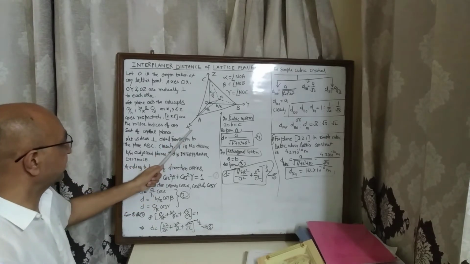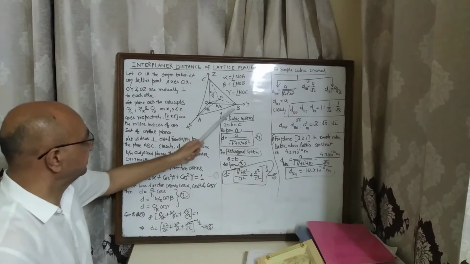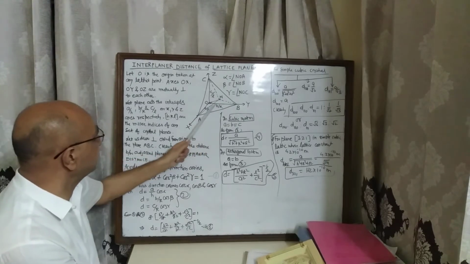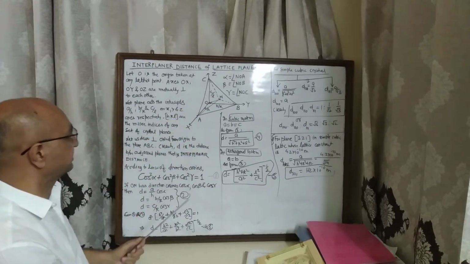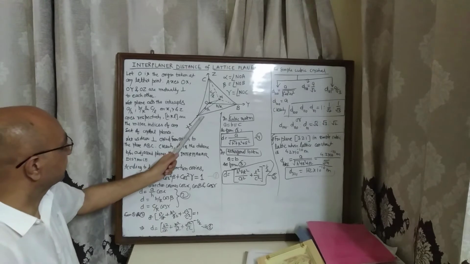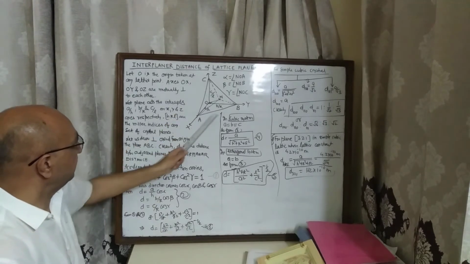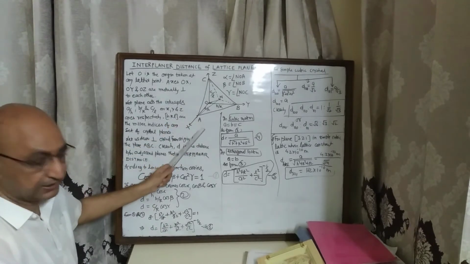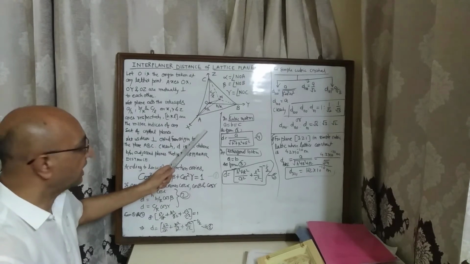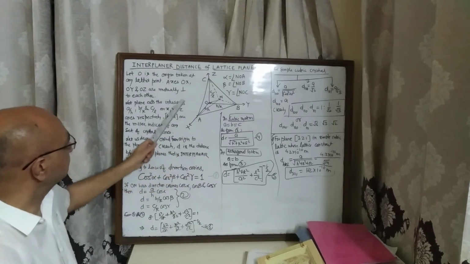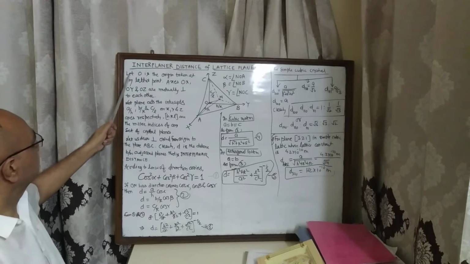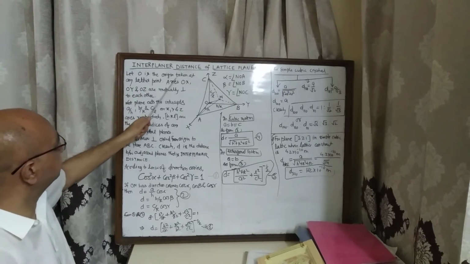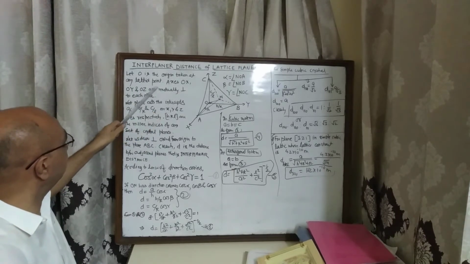This is the x-axis, this is the y-axis and this is the z-axis. A, B and C is the plane we are looking for. Let O be the origin taken at any lattice point.